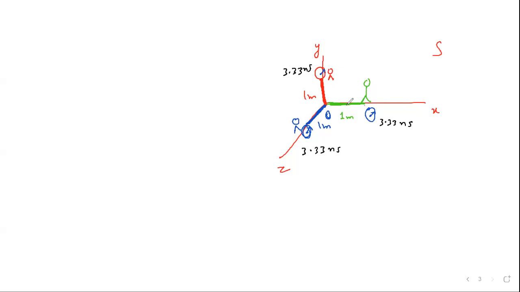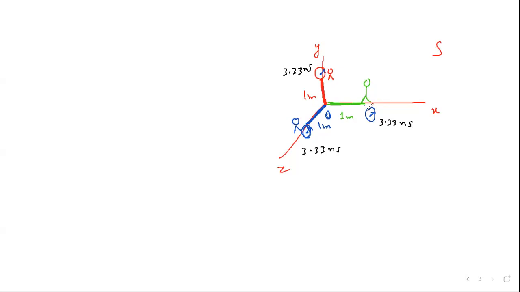Now, I have already said this 3.3 nanosecond is the time necessary for light to travel the distance of 1 meter from the origin to the assistant's location. So when these assistants see the flash of light, they start their clocks, whose dial is already preset at 3.3 nanosecond.